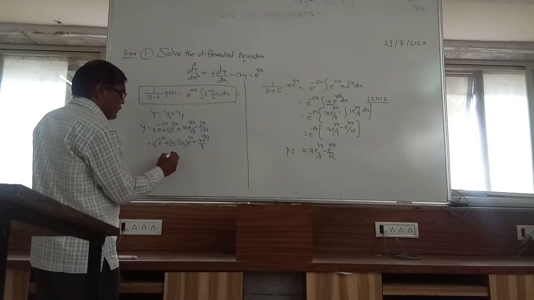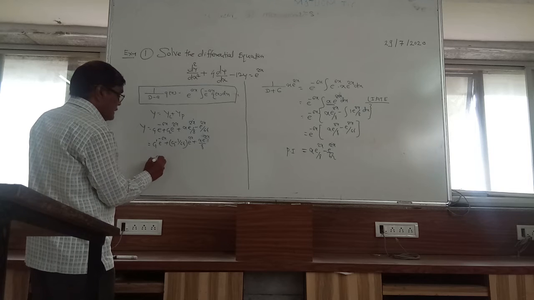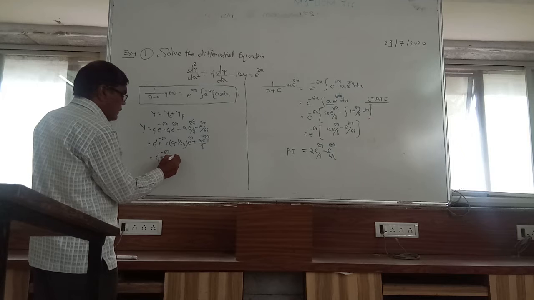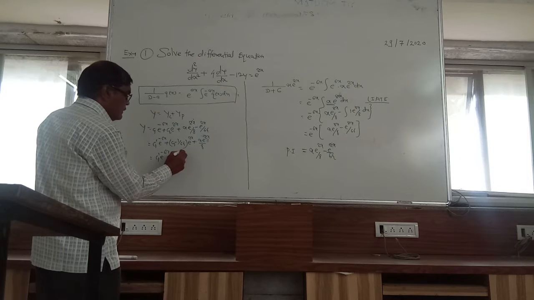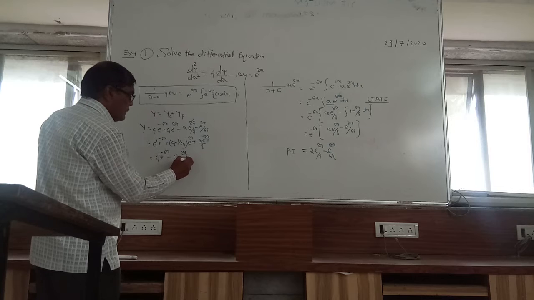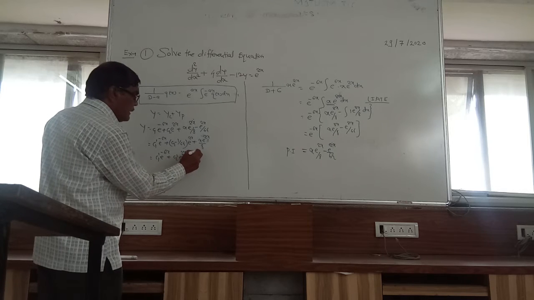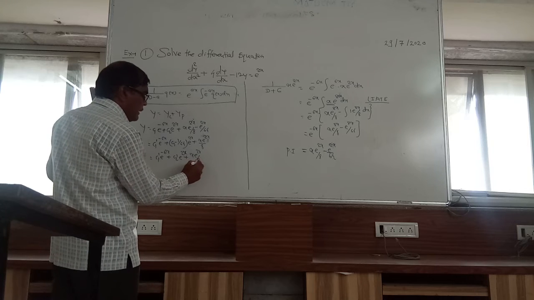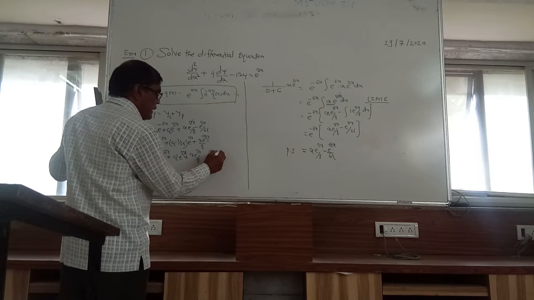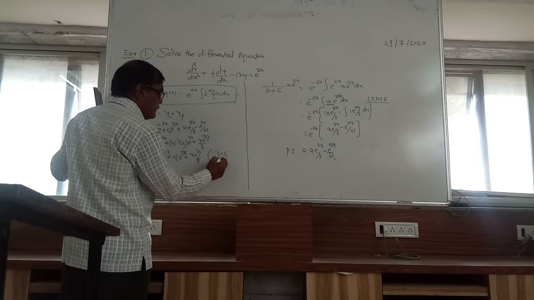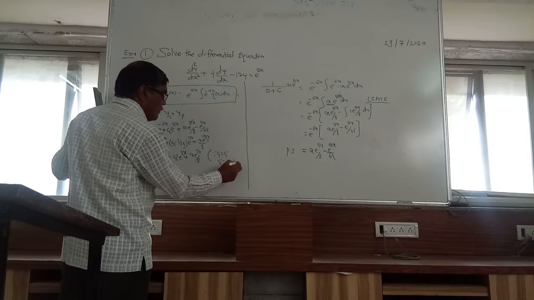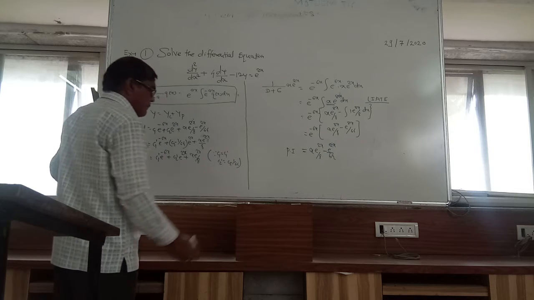Here we take c1 dash e raised to minus 6x plus c2 dash e raised to 2x plus x into e raised to 2x upon 8. You may write in bracket c1 equal to c1 dash and c2 dash is equal to c2 minus 1 by 64. It is the same constant here.